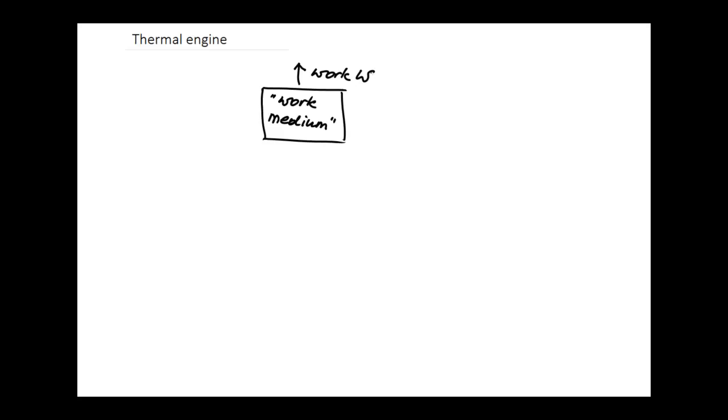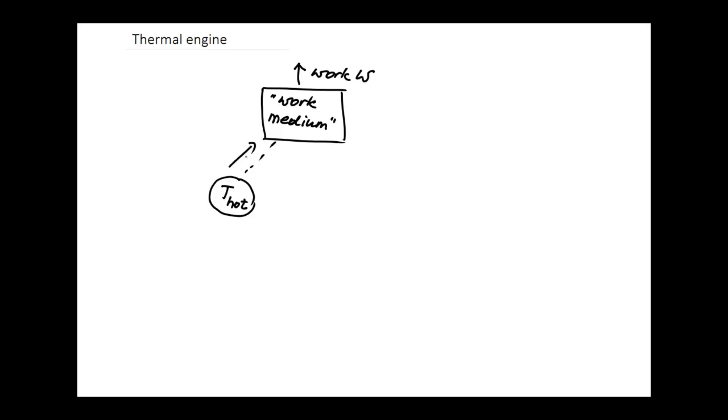What does the engine do? It converts heat into work. For the engine to be able to do that, it must be in contact with a heat bath, a hot reservoir at temperature T hot, at a high temperature.